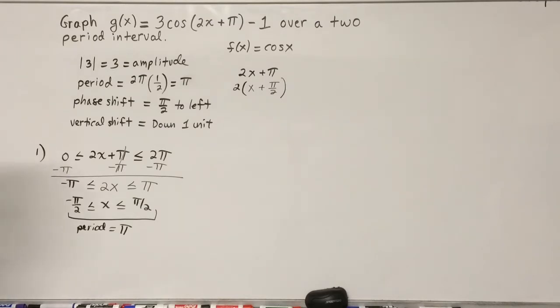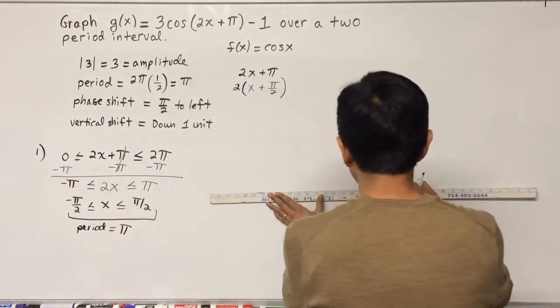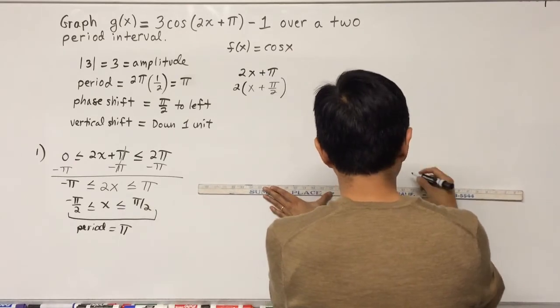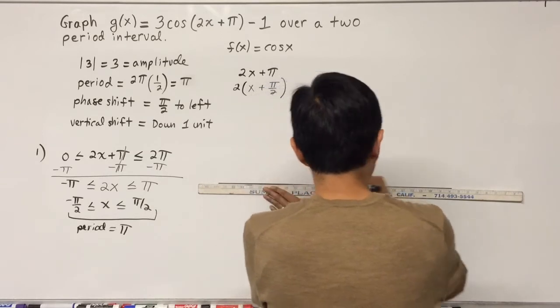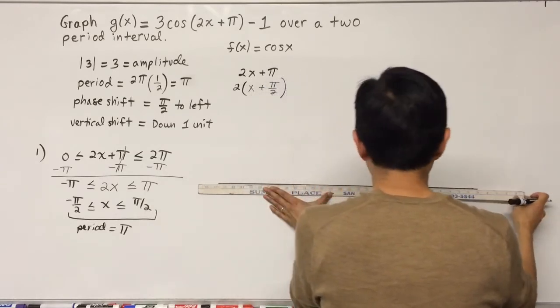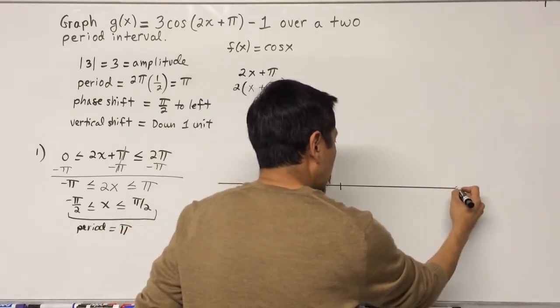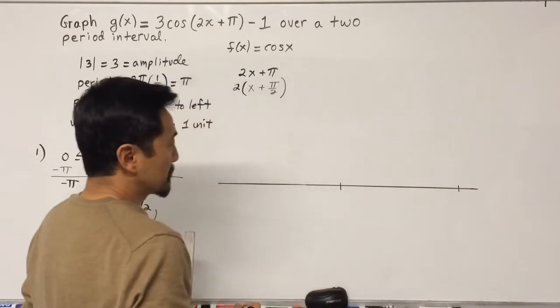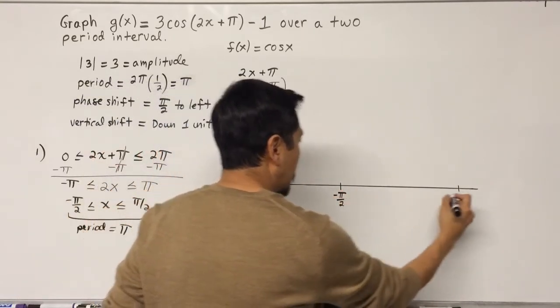Okay, so now I'm going to draw my x-axis. Okay, and I will pick this interval here to start, and that left endpoint will be at negative pi over 2.